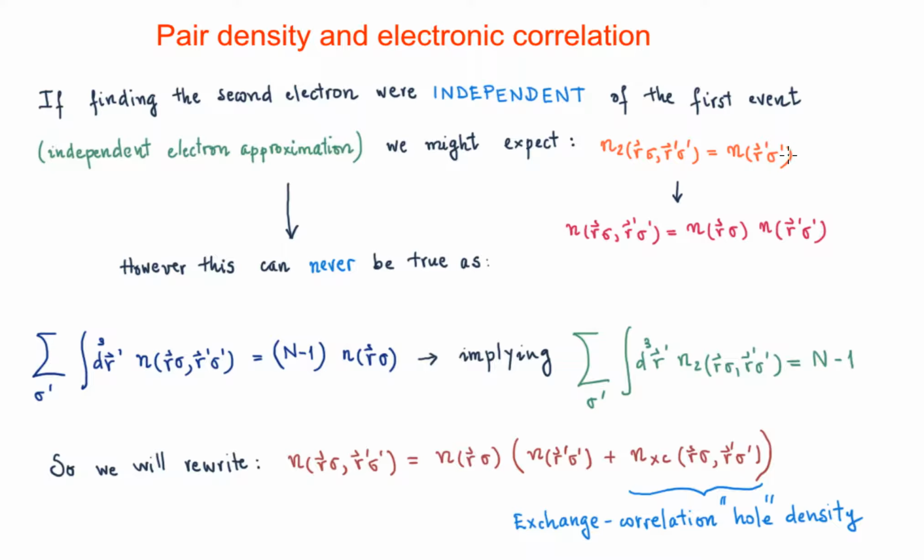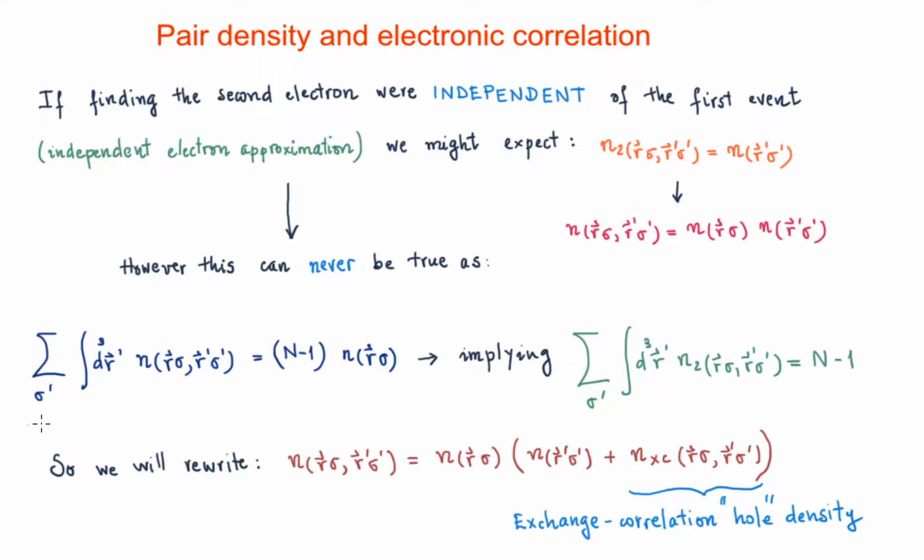Then in this case, within that approximation, we might expect that the pair density will be just the product of these two spin densities. However, this is not exactly that, because the pair density satisfies some rules that we have to consider.